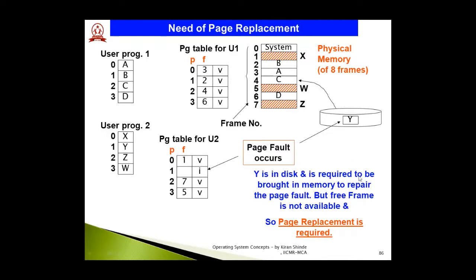Y is on disk and it is required to be brought into memory to repair the page fault, but there is no free frame available. So we have to replace an existing page from the system memory. Here comes the concept of page replacement. Which page the system has to replace with a new page, and why that particular page, is decided by studying various page replacement algorithms.